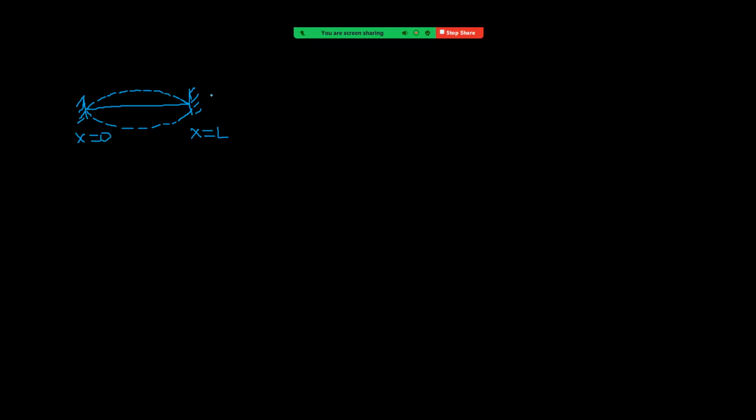When there is only one loop, I am taking n equal to 1. When there is only one loop, it is called the fundamental frequency, where n equal to 1 means there is only one loop.